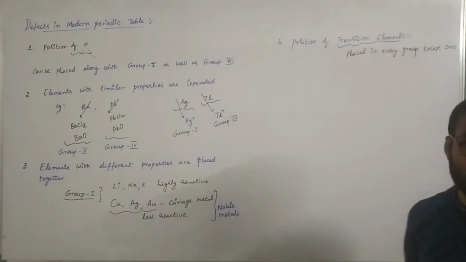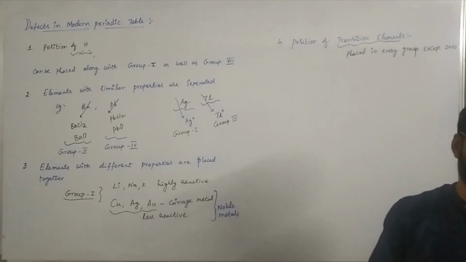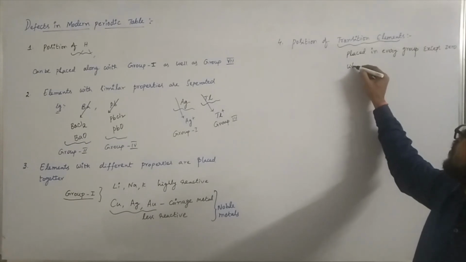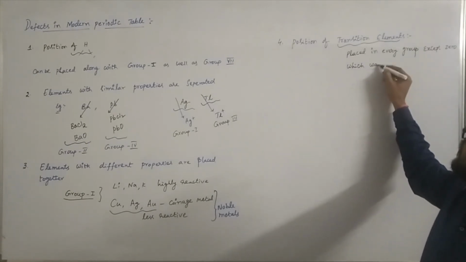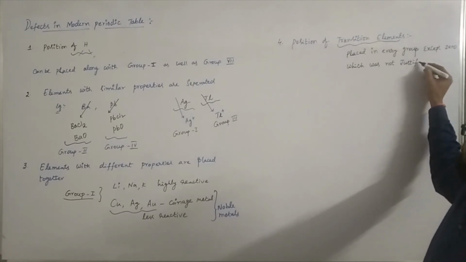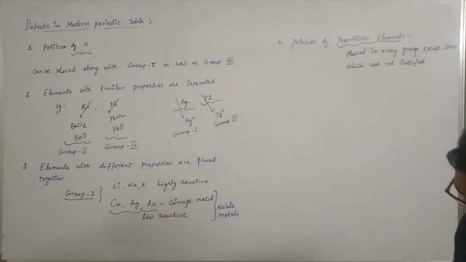Why have they placed the transition elements in every group? That was not explained properly. So placed in every group except 0, which was not justified. Next.